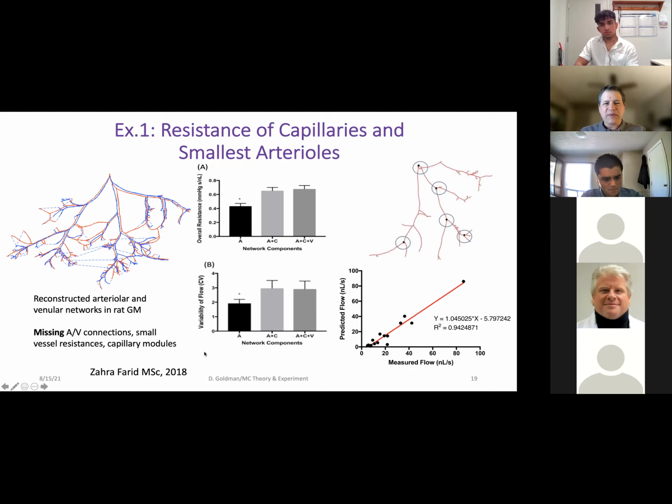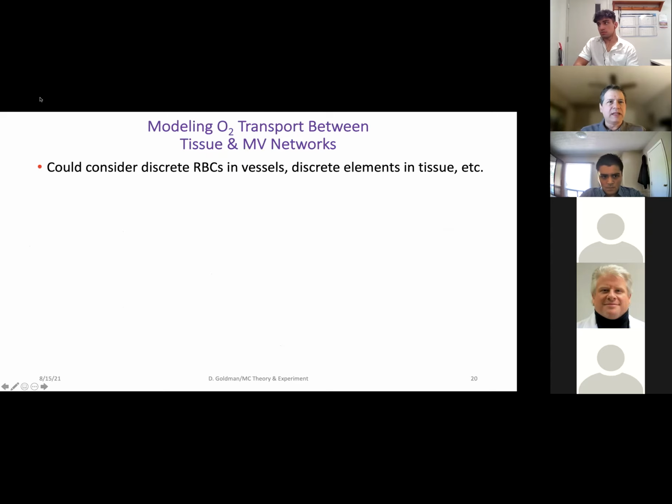Okay, so that's my flow example, and now let me see if I can get to talking a little bit about transport. Okay, so now I'm talking about oxygen transport and involving tissue and microvascular networks. And so again, to do transport, you could consider something very complicated.